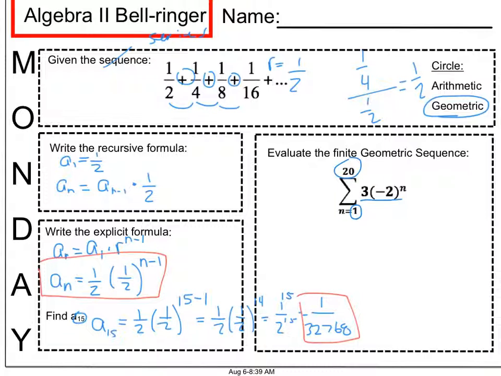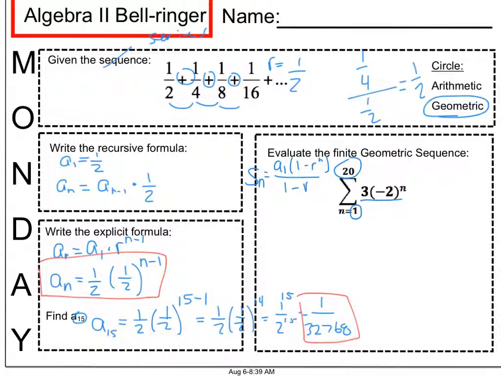So we could use our calculator for this, which I will show you in a different video. Otherwise, we can also use the sum formula for a geometric sequence, which is the sum is a1 times 1 minus r to the n power, all divided by 1 minus r.